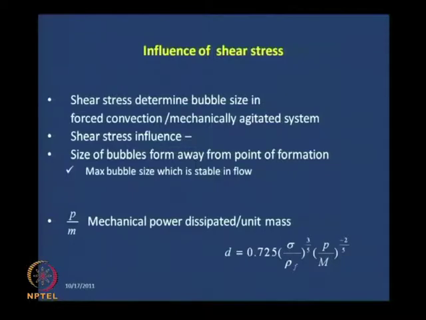The size of bubbles, as well as the maximum bubble size which is stable in the flow, are both decided by the shear stress in this case. This should have been dB here. The equivalent bubble diameter can be obtained from this expression, where P by m is the mechanical power dissipated per unit mass.